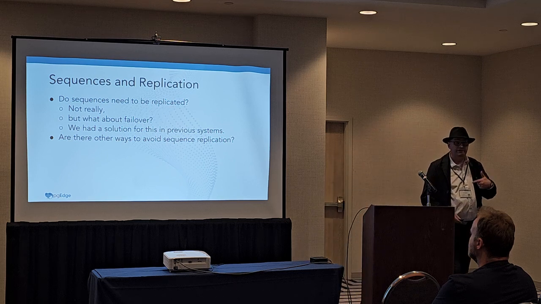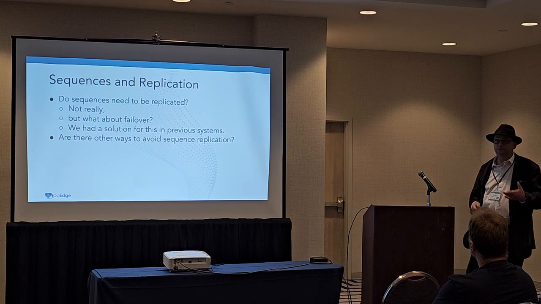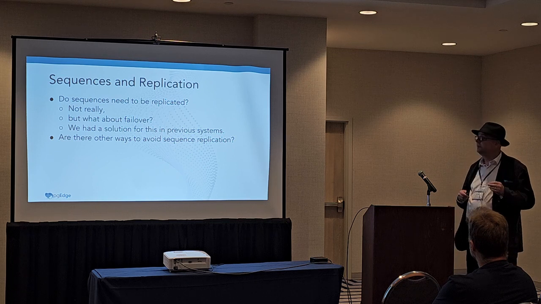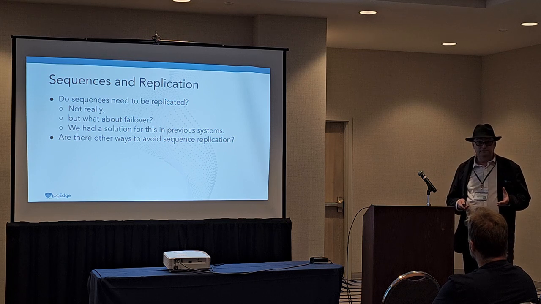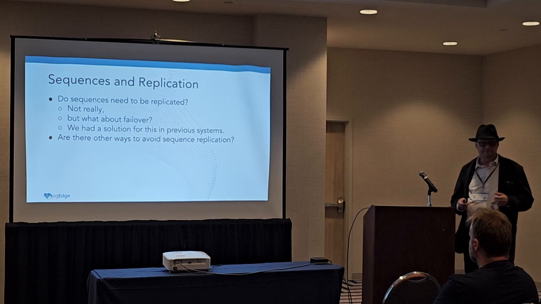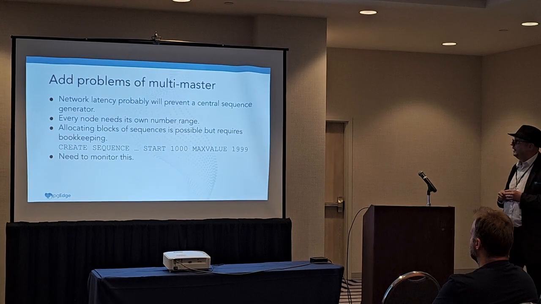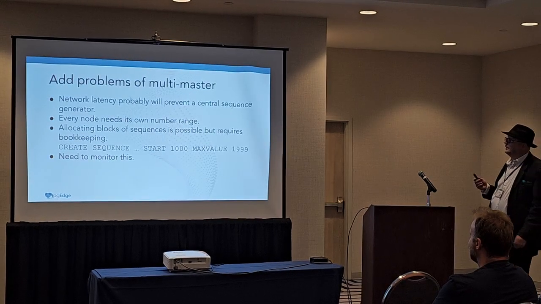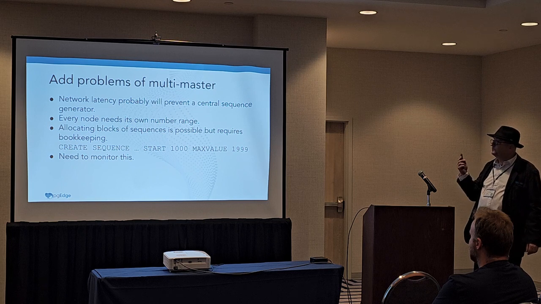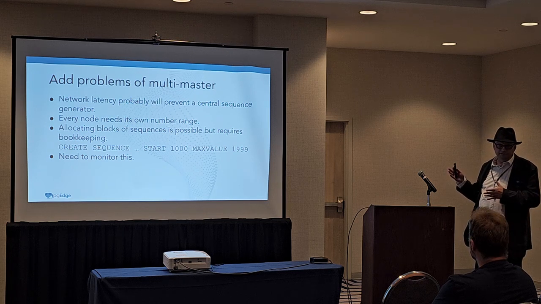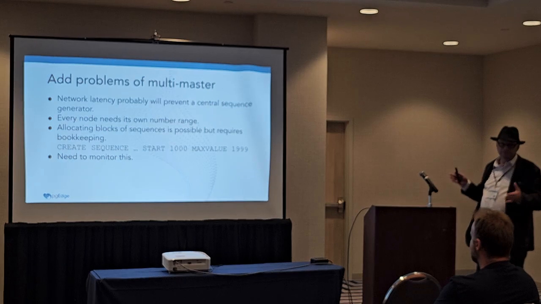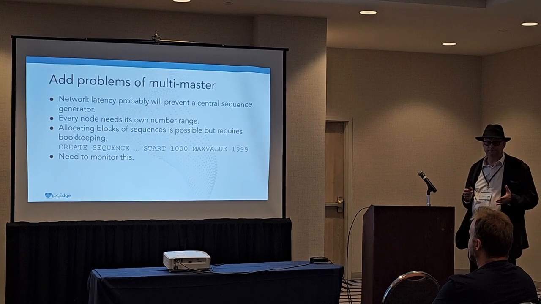Instead of doing that, I also came up with other ideas how to avoid replicating sequences. So first of all, we cannot have a central sequence generator. That's not gonna happen.